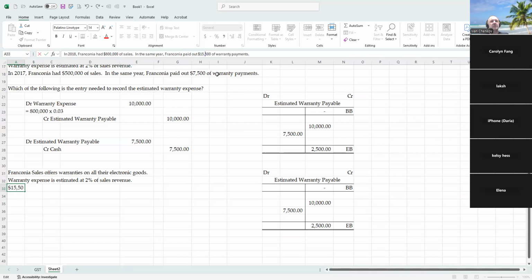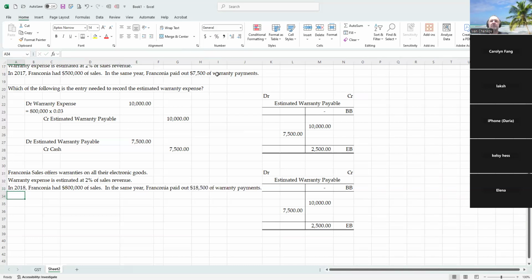That will be 16. Let's go with $18,500 warranty payable. Warranty payments.